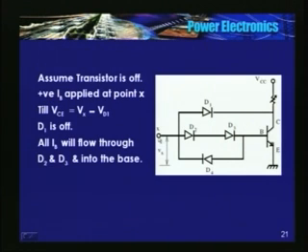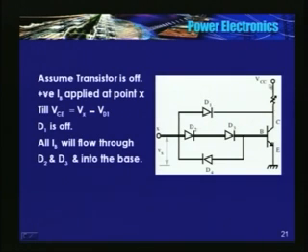This transistor is off. In other words, the potential of C with respect to the ground is the same as VCC, because there is no current here. This is at Vx. Definitely this voltage is very low. So D1 is reverse biased.